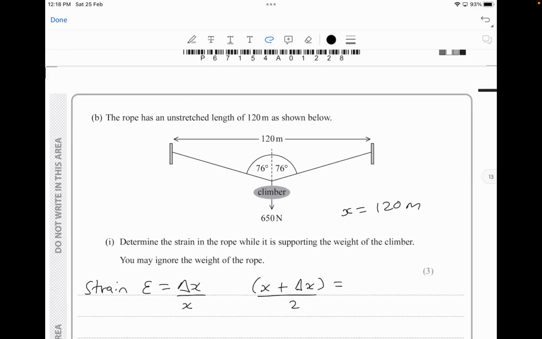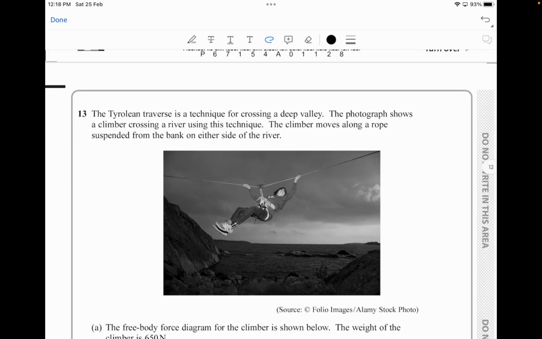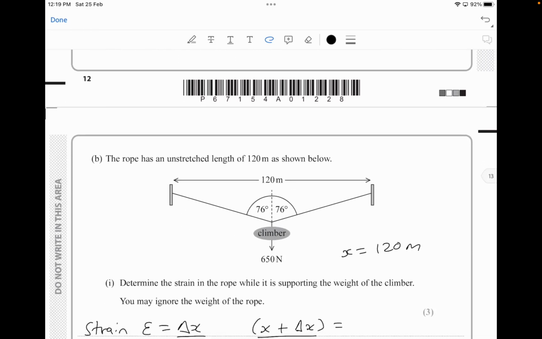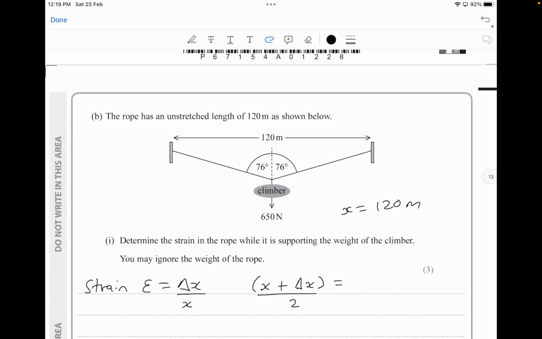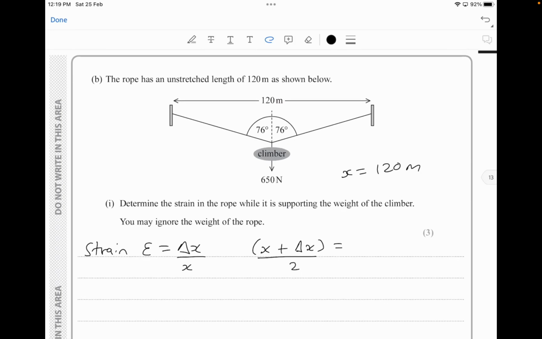Where are we getting this 60 meters from? Since we're halving that, all we're doing is 120 divided by 2, which gets 60 in this case.